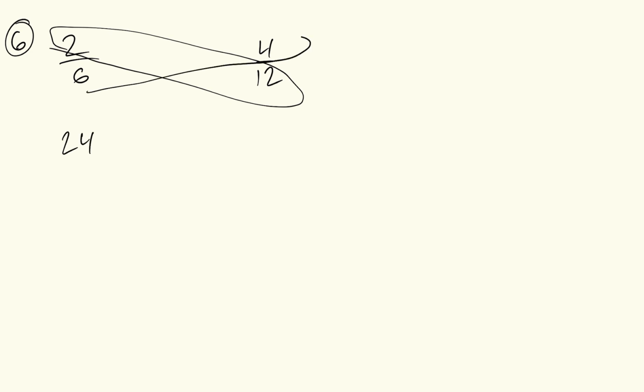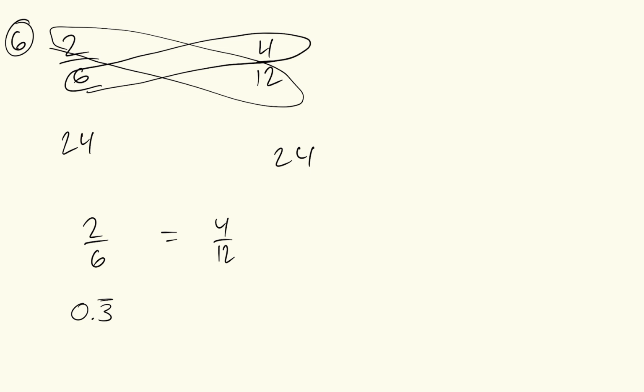And then 6 times 4 is also equal to 24. So from that, we know that 2 over 6 is equal to 4 over 12. And if you put them both into a calculator, 2 divided by 6 gives you 0.3 repeating, and 4 over 12 also gives you 0.3 repeating. So we know that statement to be true.